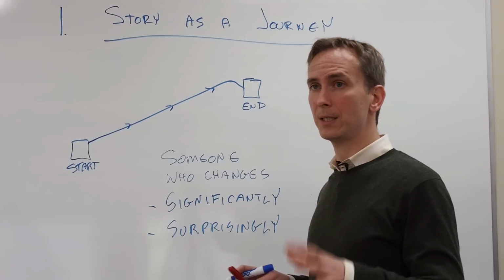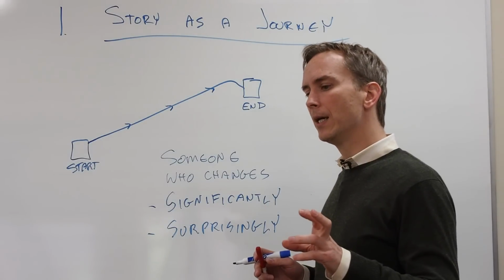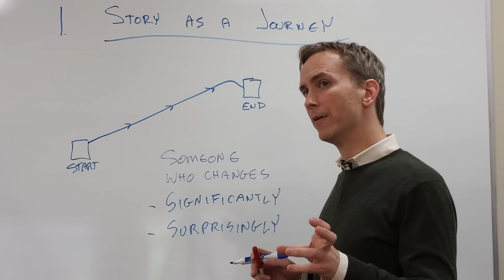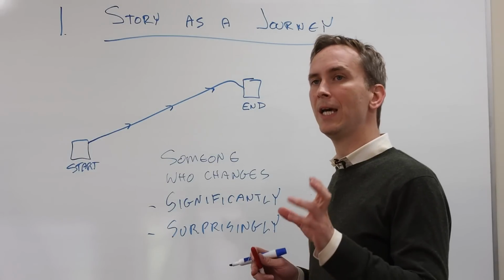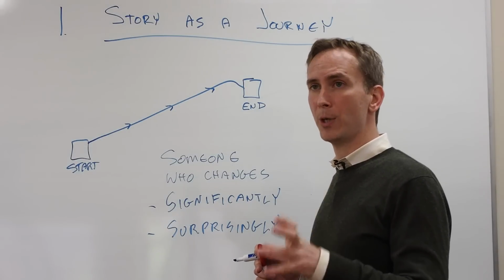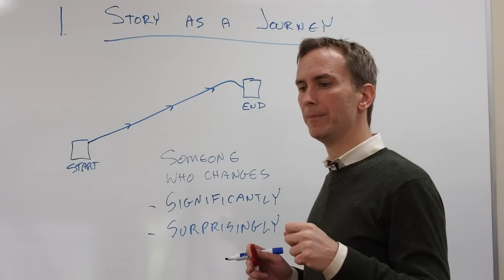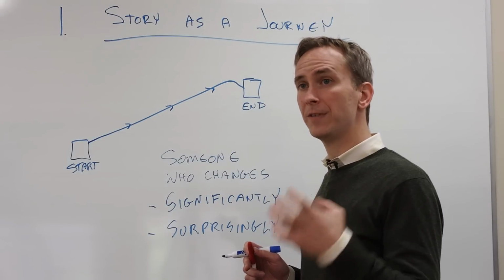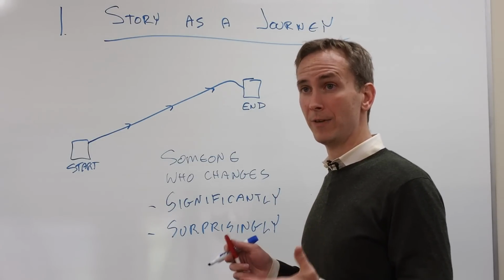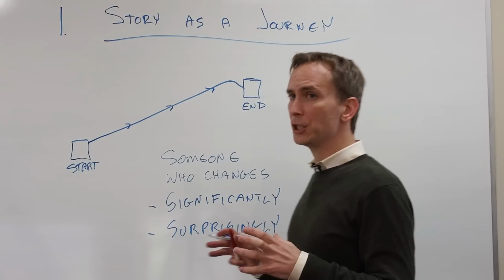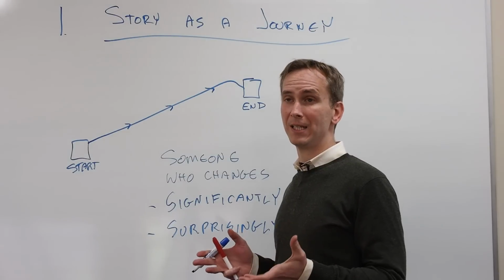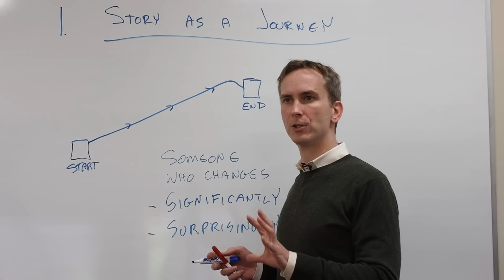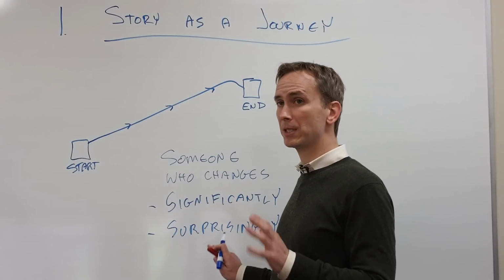If you think back to the example we had last time, where we have someone doing research to try to solve the problem of how to keep the muscles and bones of astronauts in their normal physical condition in a weightless environment, the change is that they actually solve that problem. So that solution is significant, and depending on how the story is told, it can be seen as being surprising.